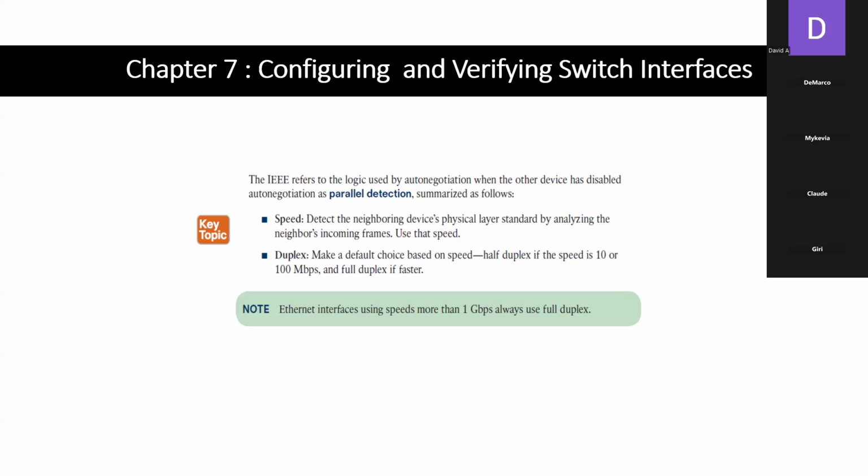Then I'll use the command speed, and configure the speed that I want in megabits per second. Same thing for duplex. For that subcommand I'll put in duplex, and share whether I want full duplex or half duplex. So it'll be full or half, right?